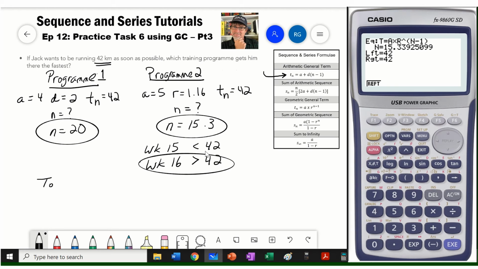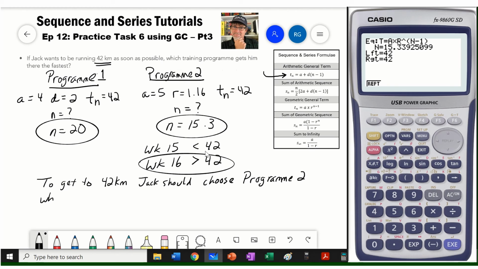So to get to 42 kilometers, Jack should choose, well, which one gets him there quicker? Program 1 takes him 20 weeks to get there. And program 2, he'll be there in the 16th week. So he should choose program 2, in this case, if that's what he wants.